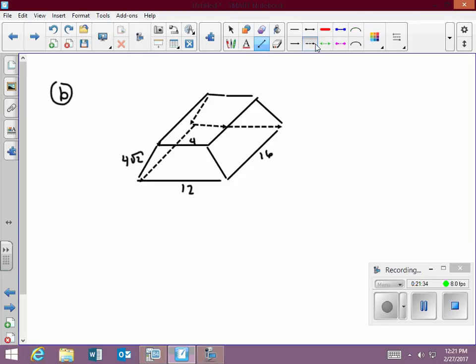Then we've got to figure out this height. Well, what we're going to have to do is, the distance from here to here is 4, and the distance from there to there is 12.